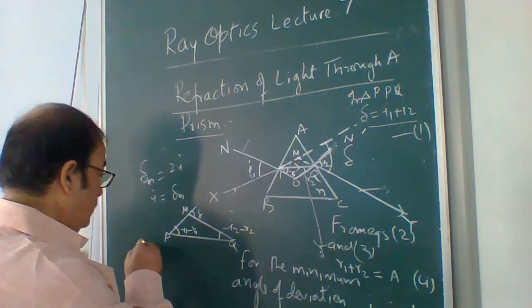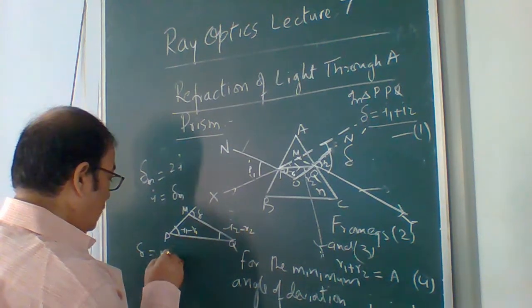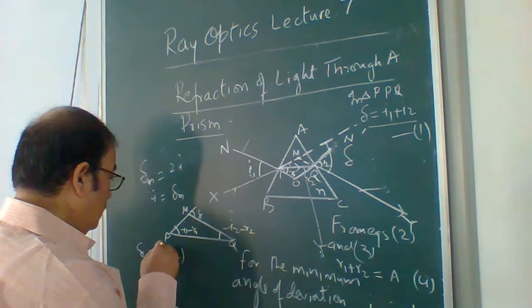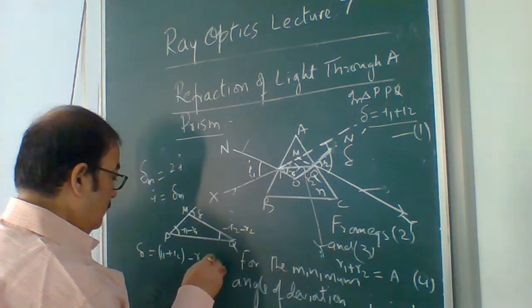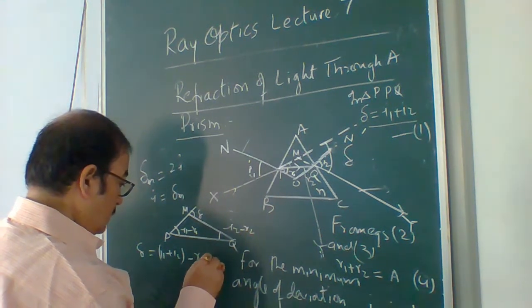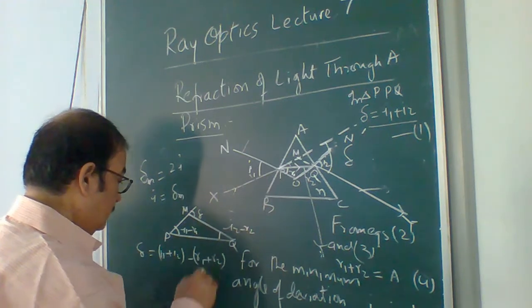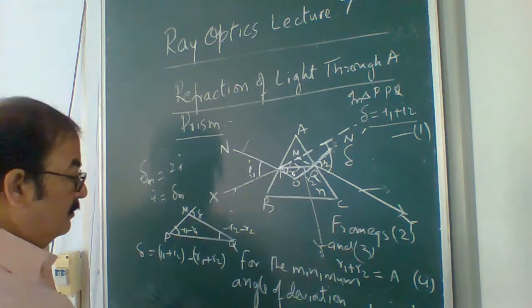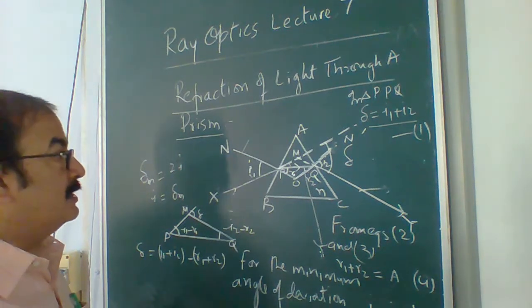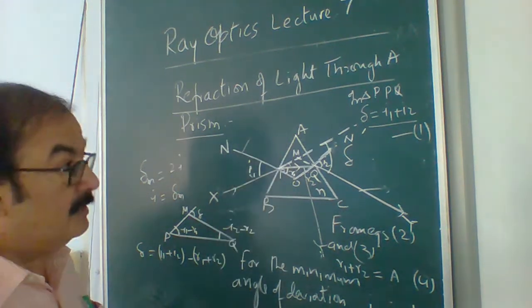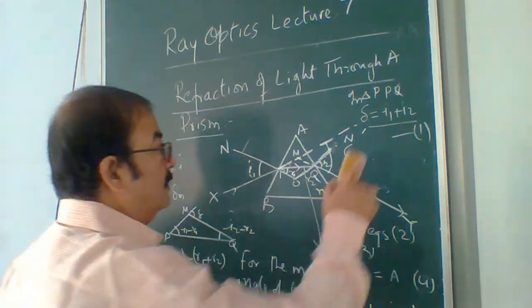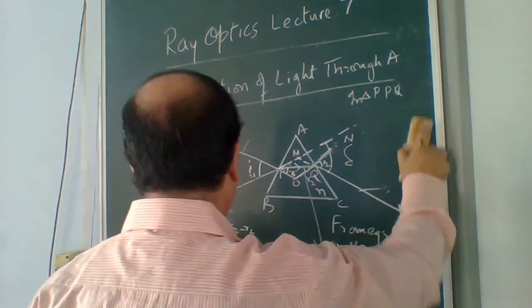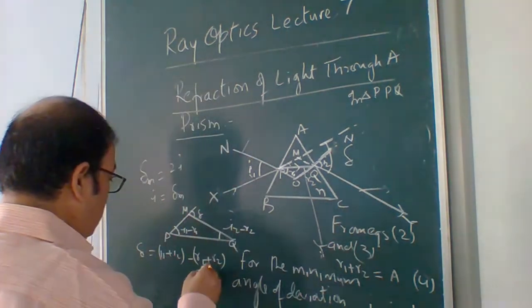We must have delta equal to I1 plus I2 minus R1 plus R2 like this. And for minimum condition, that is fine, but equation number 1 has to be modified, and this is your actual equation number 1.